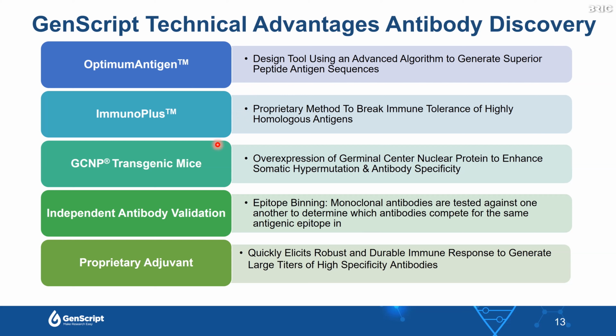We also have a germinal center nuclear protein transgenic spike to enhance somatic hypermutation and antibody specificity. We also perform epitope binning to validate whether antibodies are competing for the same antigen epitopes. Lastly, we have a proprietary adjuvant which will elicit an immune response faster to generate large titers of higher specificity antibodies.